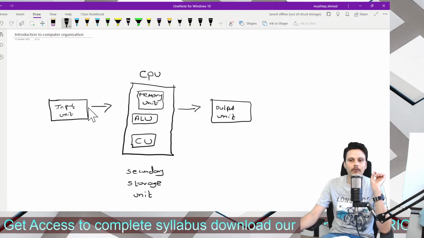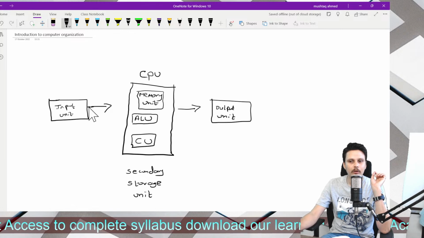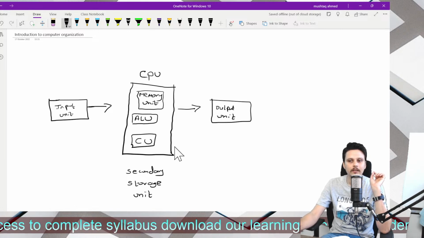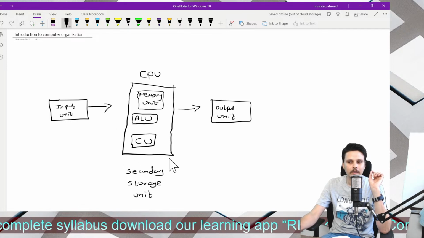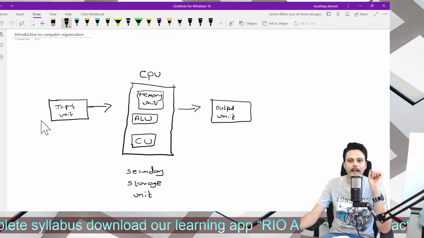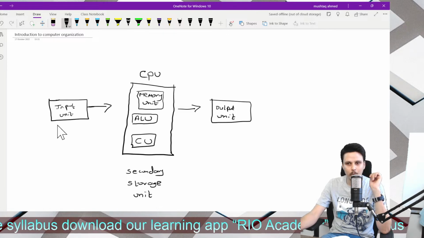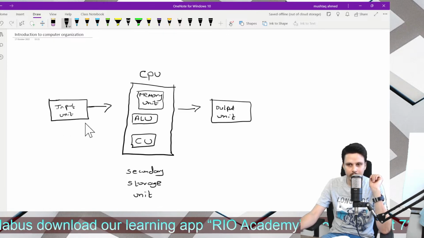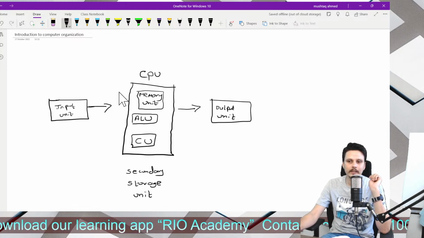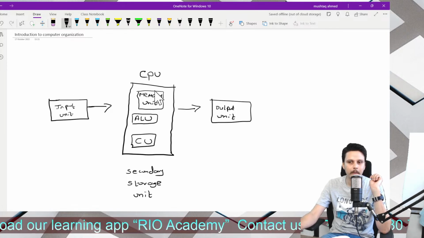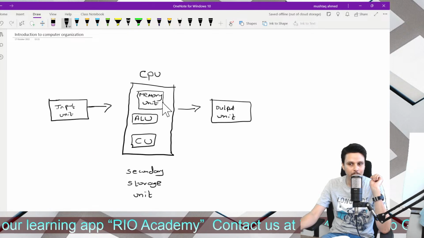Whatever information we send to the computer will be sent to the CPU, that is the central processing unit. Suppose I type some notes using the keyboard, that is the input unit, those notes will be sent to the CPU and stored in the memory unit.